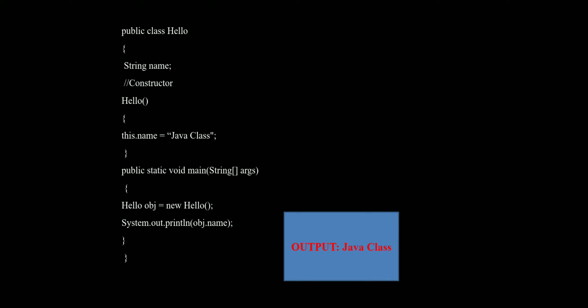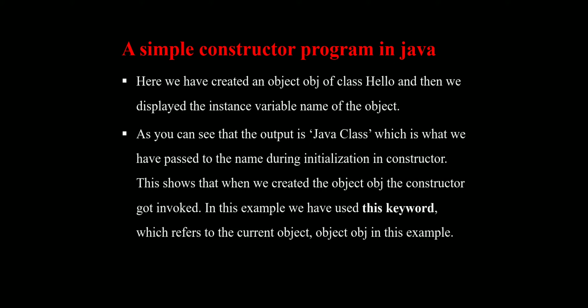Now we can see how this constructor works. Here we created an object of the class Hello and then we displayed the instance variable, that is String name, the name of the object. As you see in the output, Java class, is what was passed as the name during the initialization of the constructor. This shows that when we are creating an object, the constructor is invoked. In the example, we use the this keyword, which refers to the current object.